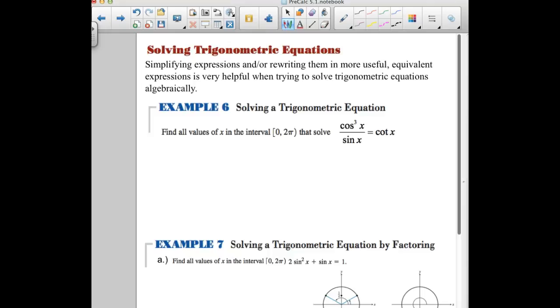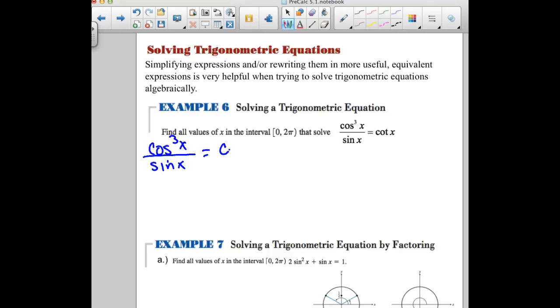So I'm going to start out changing cotangent into cosine over sine. Okay. And if I multiply both sides by sine x, it's going to cancel on the bottom, which basically means that my numerator, cosine cubed x, has to equal cosine of x.